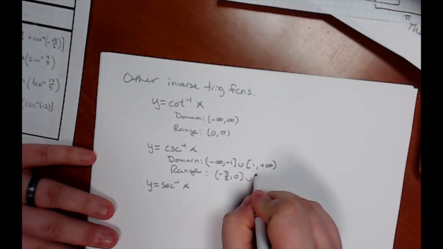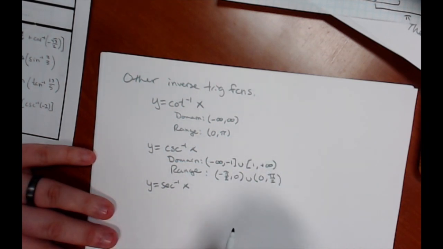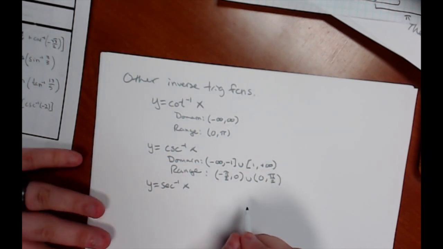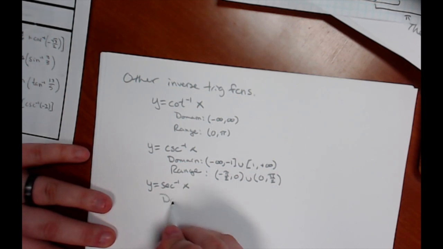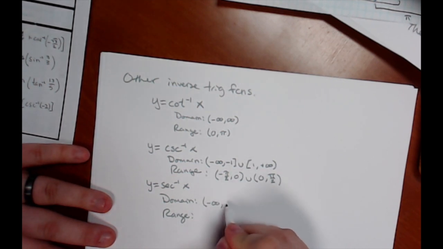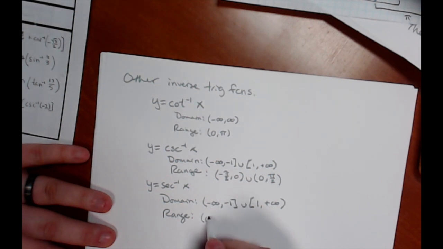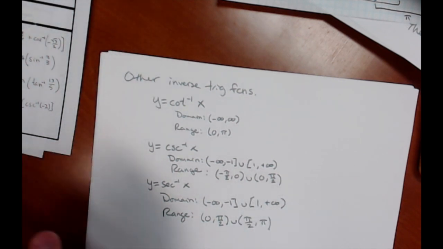It's not defined at 0, and then 0 to pi over 2. And I will go through the graphs of these in just a moment. And arcsecant, domain, range. Again, we need negative infinity to negative 1, or 1 to positive infinity. And our range here is going to be from 0 to pi over 2, and then skipping pi over 2 because it's undefined, up to pi.